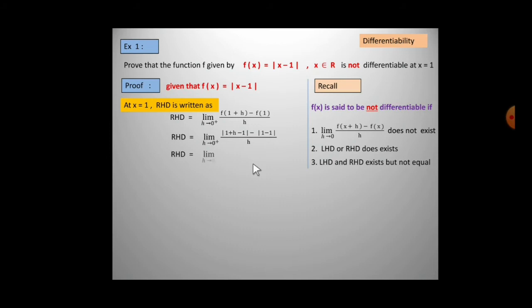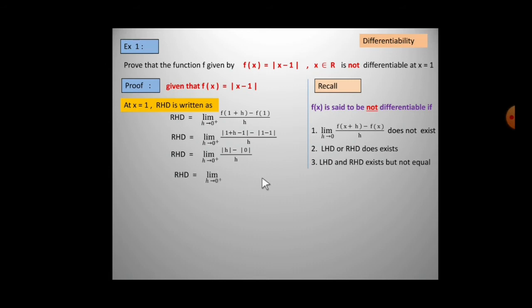So next is simplification. 1 and 1 get cancelled, it becomes mod h, and 1 minus 1 is 0, divided by h as it is.